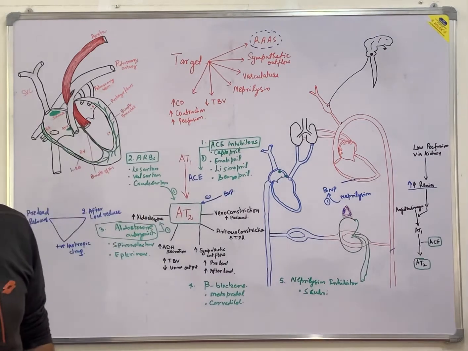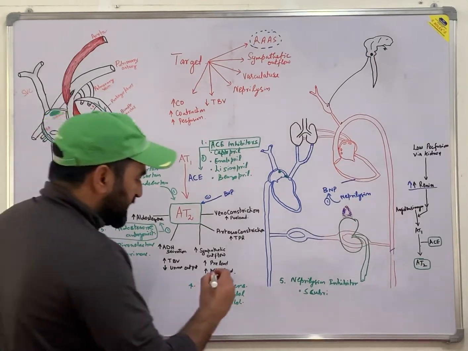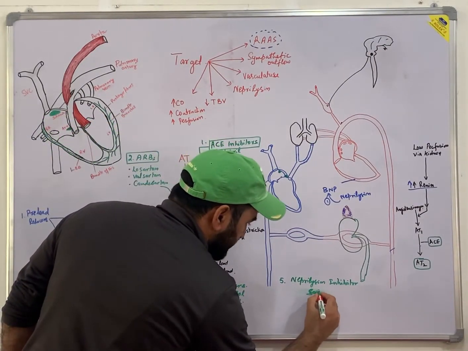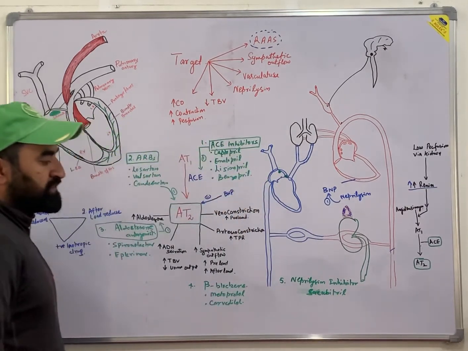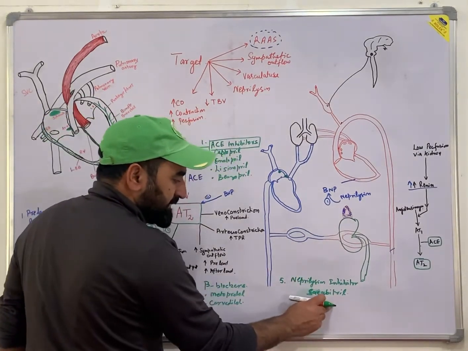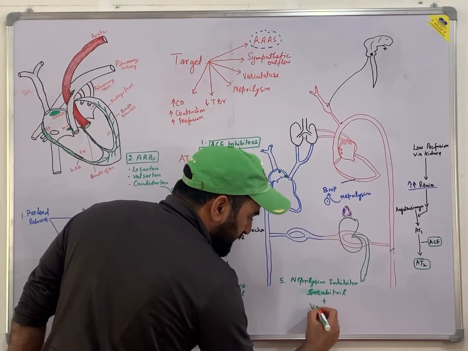Sacubitril. This is a nephrolysin inhibitor. It is mainly given in combination with valsartan.